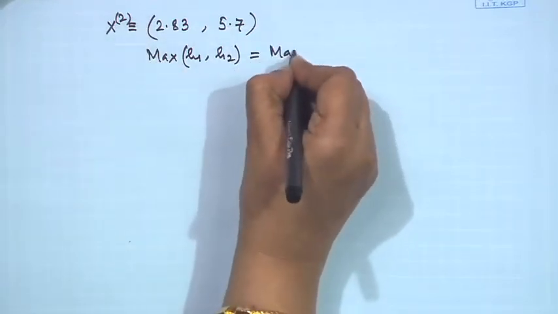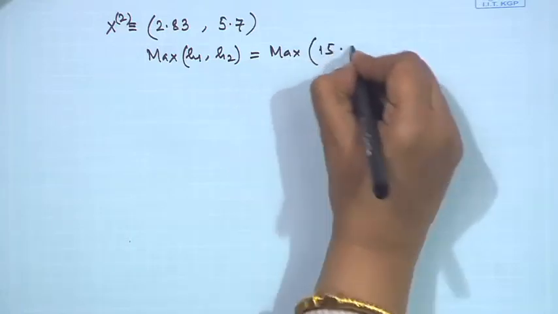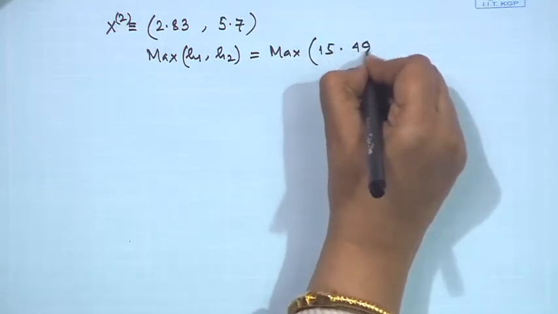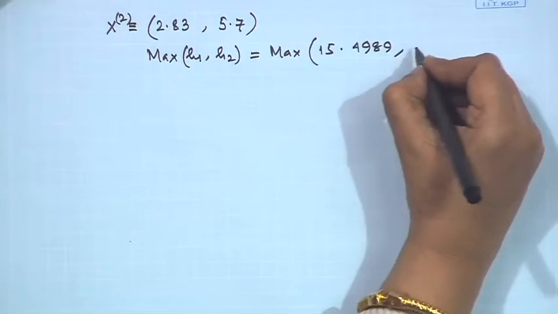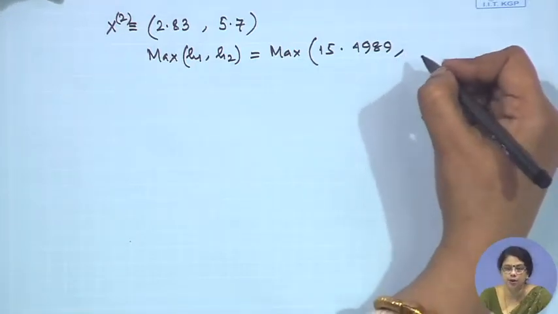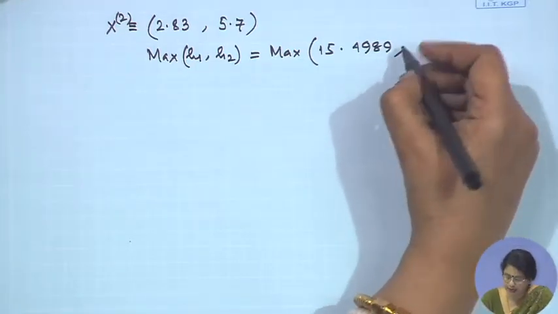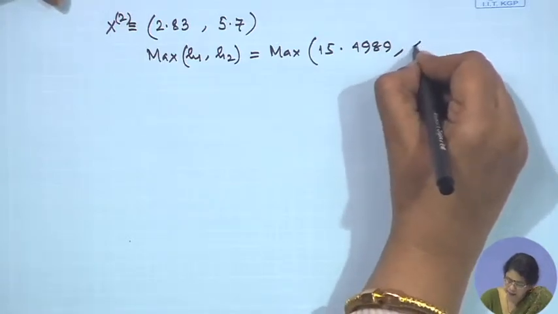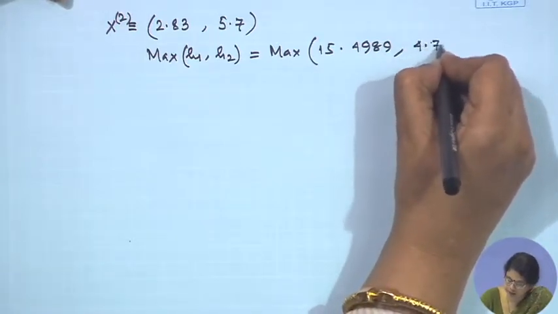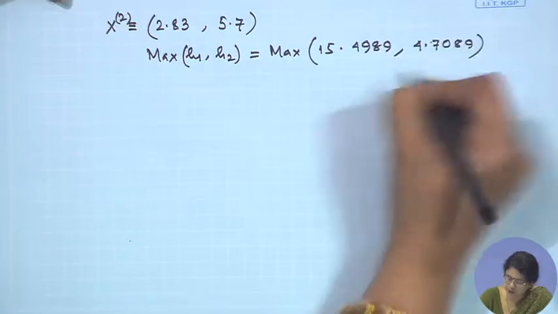The value will come as max of 15.4989. What I suggest is you should calculate all these values on your own, what I have done. Maybe some calculation variations may be there, you should check it.